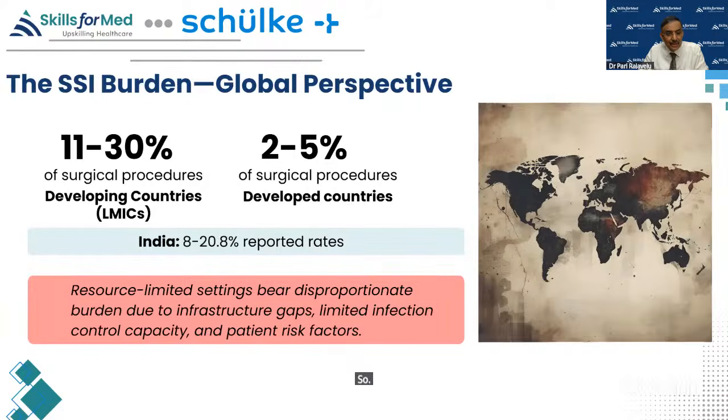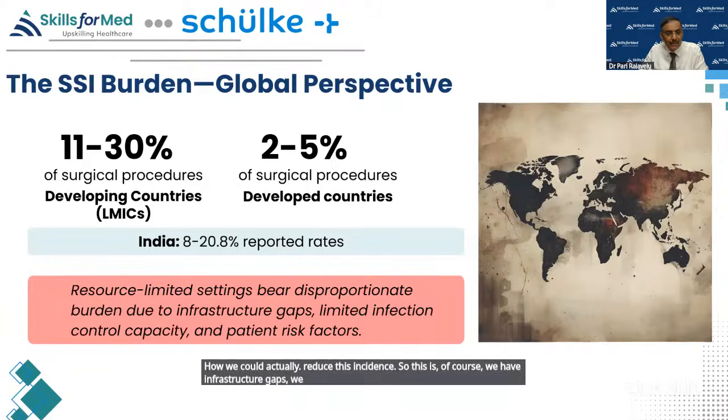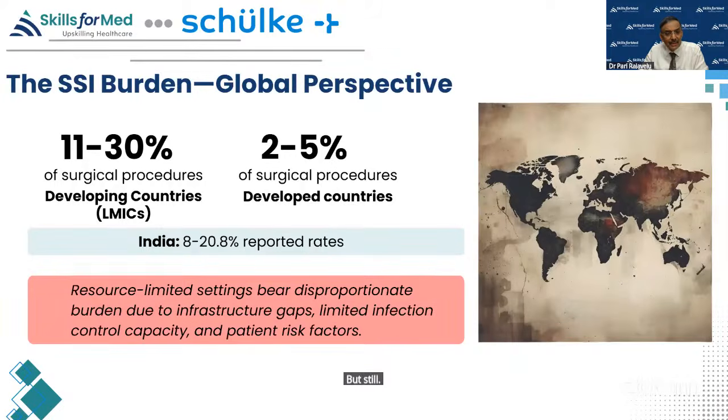As a limited resource country, we have to be very aware of this, and we need lectures like this to educate ourselves on how we could reduce this incidence. We have infrastructure gaps and reduced capacity to fight infections, but still, as we will see, surgical site infections are largely preventable.